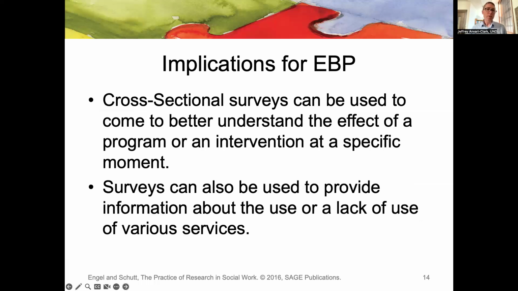Some of the implications here is that if we have some cross-sectional surveys, this can be really helpful for developing evidence-based practices and understanding what's the impact, what's the effect, are people happy with the service, are they benefiting from it? And so that can be good at a specific moment. If you have multiple surveys that you do over the course of a longer period, you can string them together, and so individually there would be a cross section, but then it would actually become a longitudinal version.